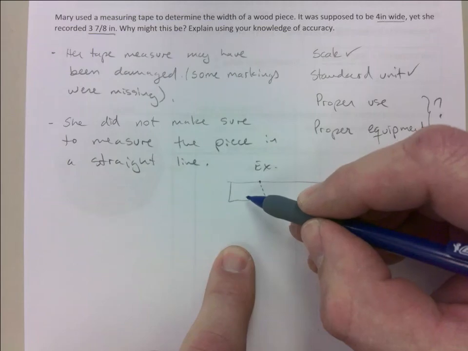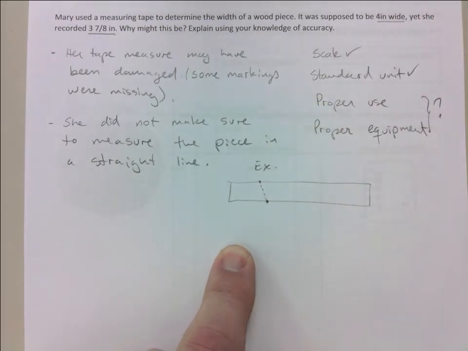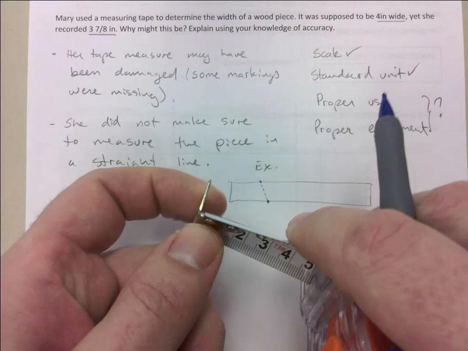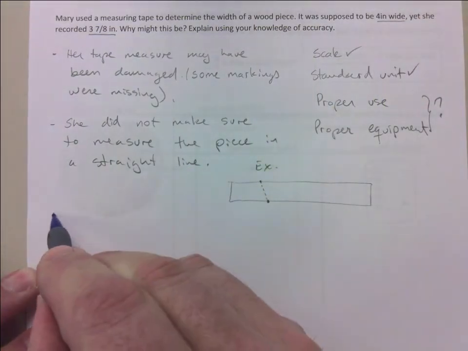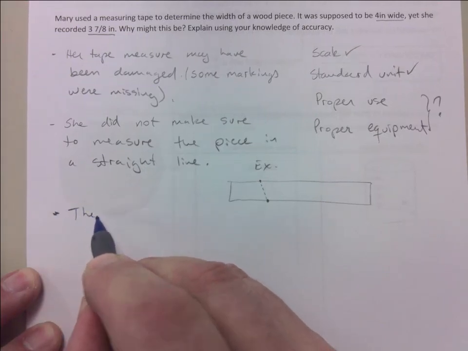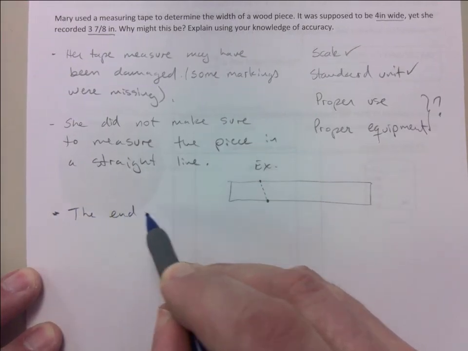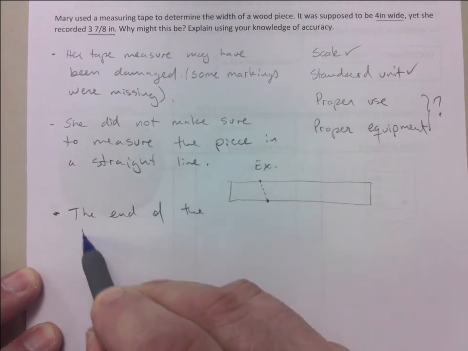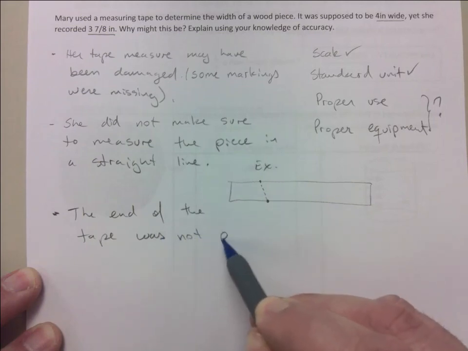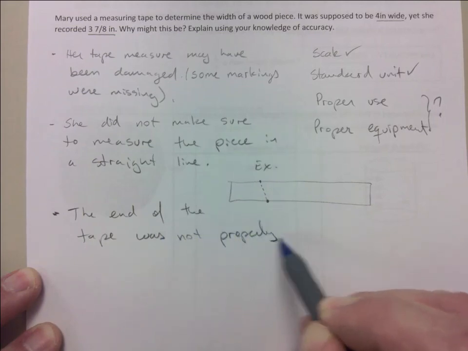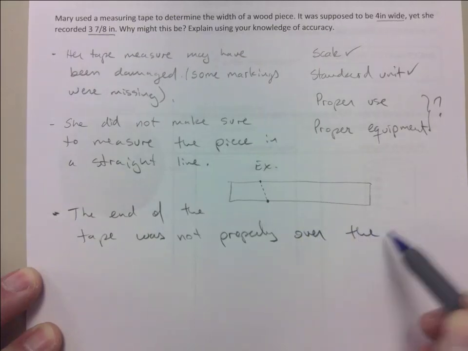Maybe it's better to say she didn't make sure that the end was properly over the edge. That's what I'm going to say. The end of the tape was not properly over the edge.